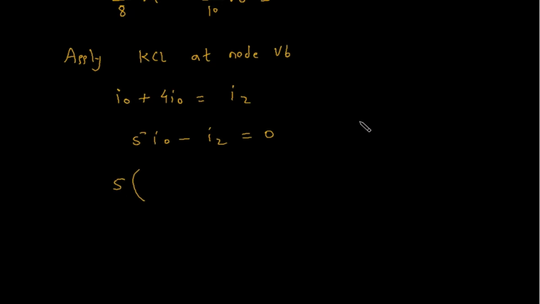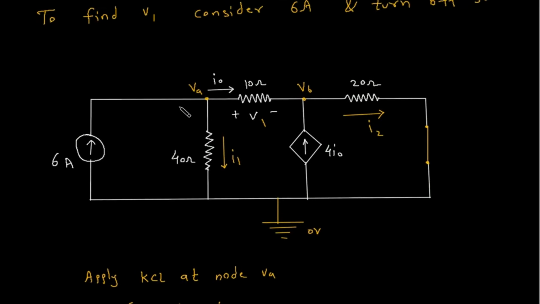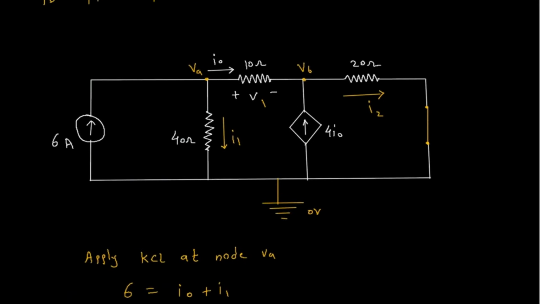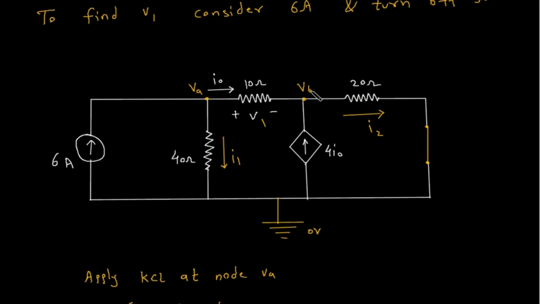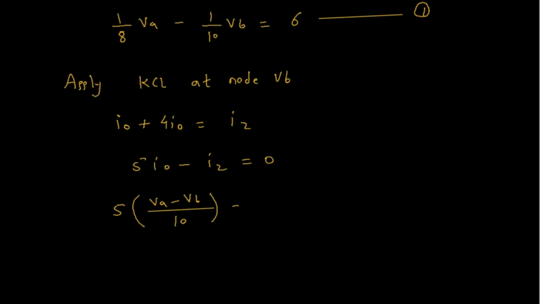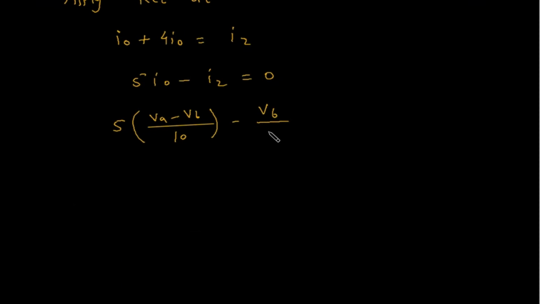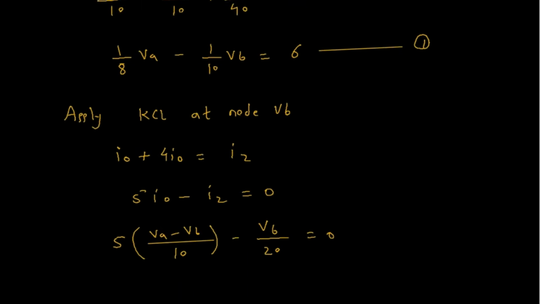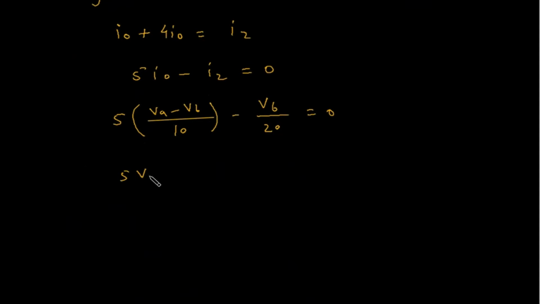So 5 into I0 is VA minus VB by 10, minus I2. Now this I2 is VB minus 0 by 20, is equal to 0. So this will be 5VA by 10 minus 5VB by 10 minus VB by 20 is equal to 0.